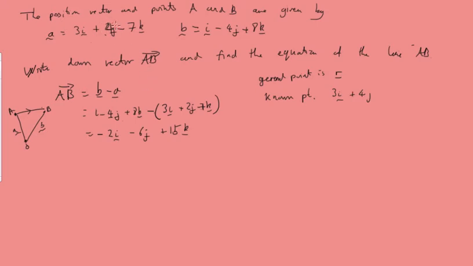The book has an error, so this is 2j minus 7k. So we take the point A as our known point, and AB is going to be our known direction.